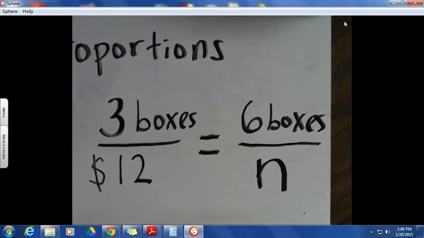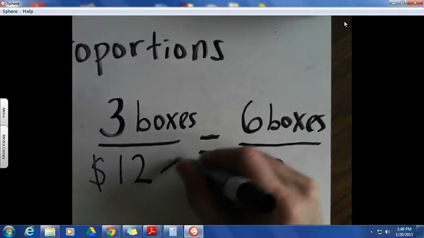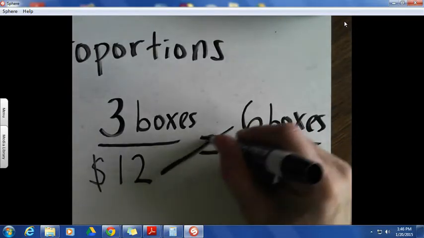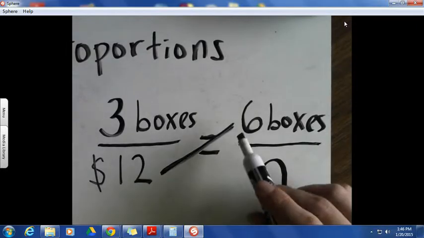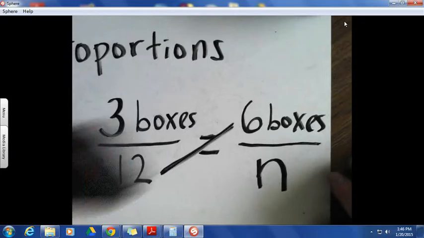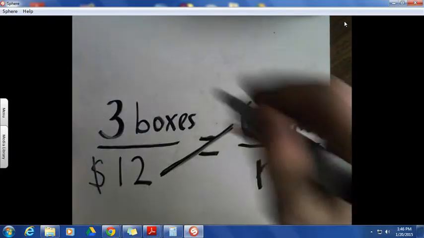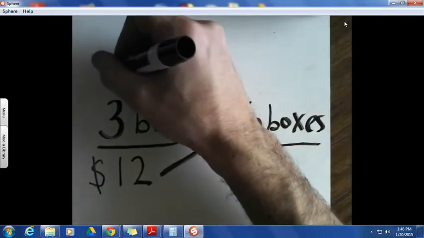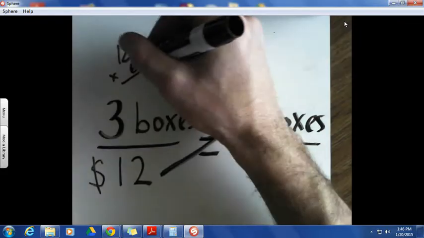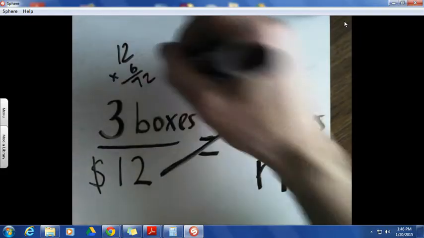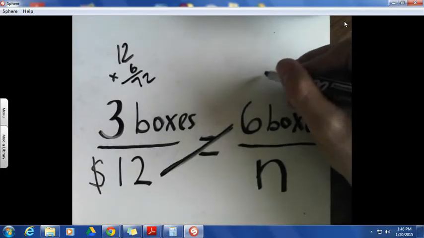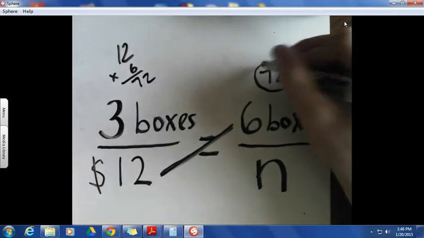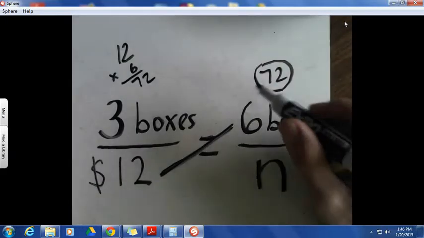Step 1, we want to multiply the diagonals. So what do I get when I multiply 12 times 6? 12 times 6 equals 72. That's what I get when I multiply the diagonals. Now I do step 2.